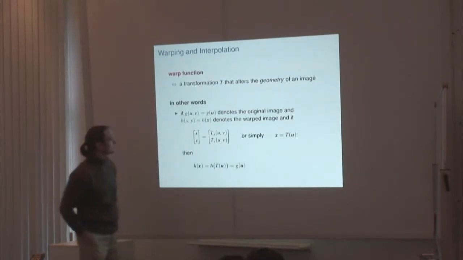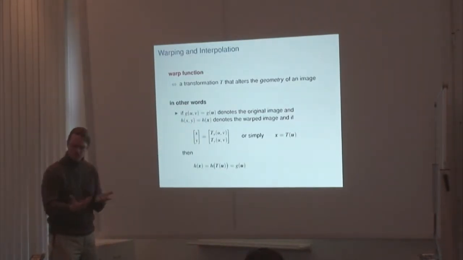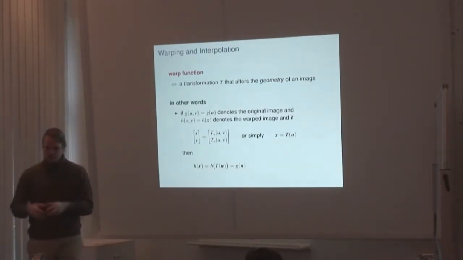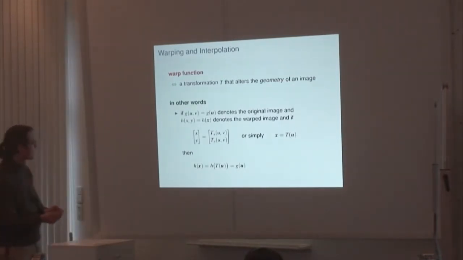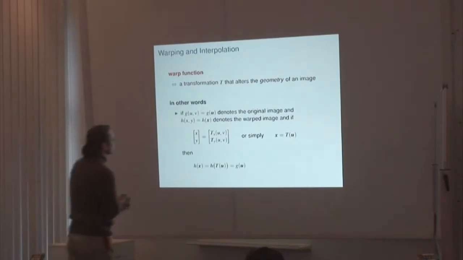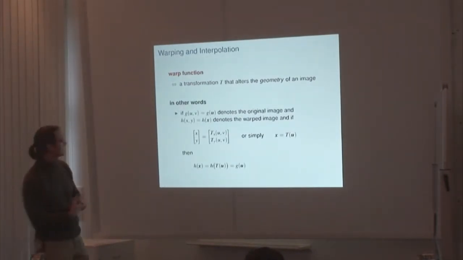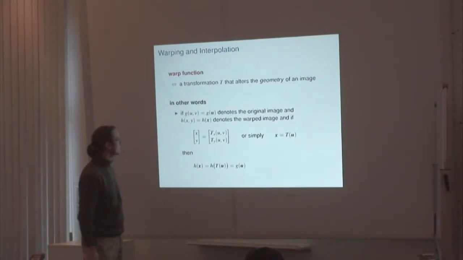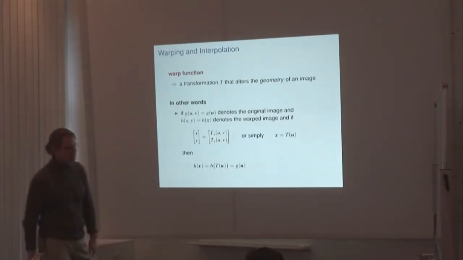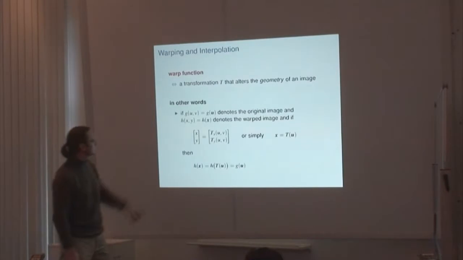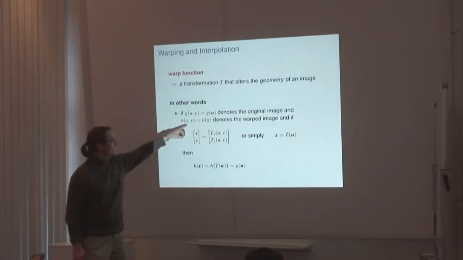Now, this function defined over two coordinates u and v denotes the original image, the image we are given, and we assume that the warped image, the image we want to produce, is called h, and for reasons that will become clear very shortly, this h is defined over coordinates x and y.